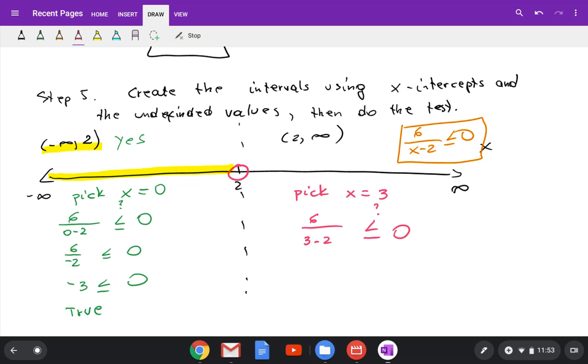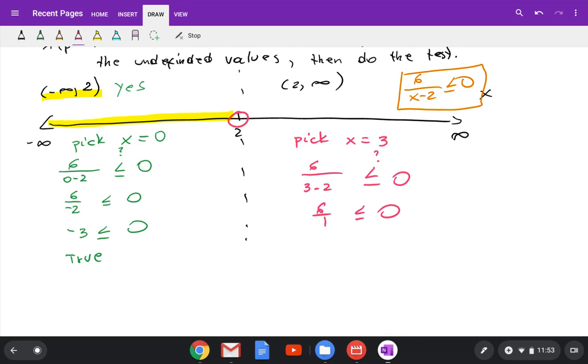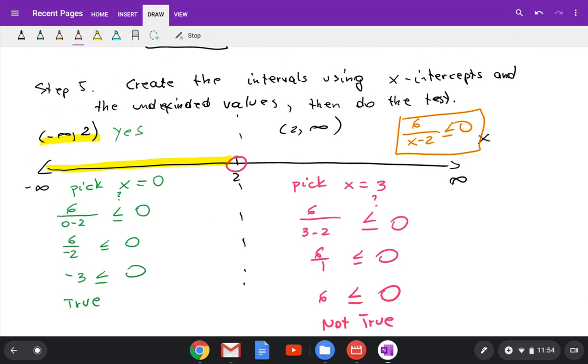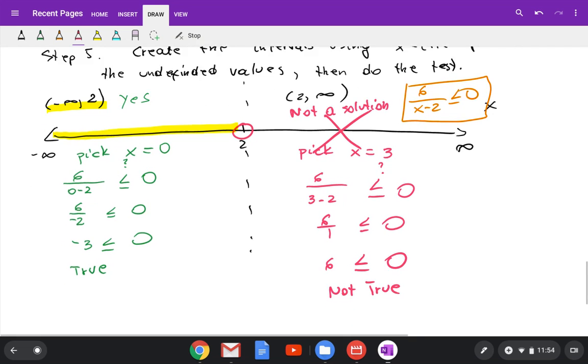So we're getting 6 over 1, and we're checking if 6 is less than or equal to 0. Like you see, this is not true. So this is false. What that means is the interval from 2 to infinity is not a solution. So this one is not going to work.